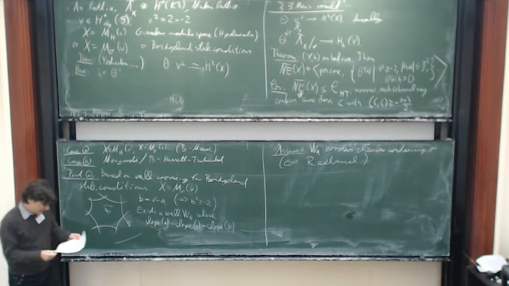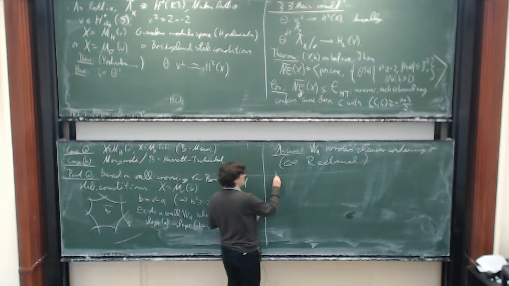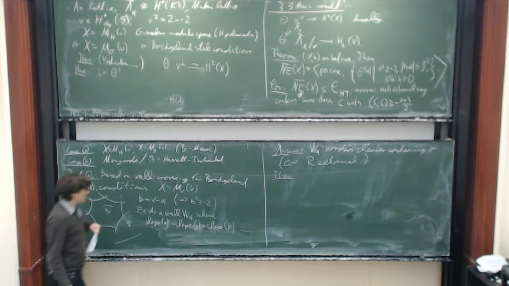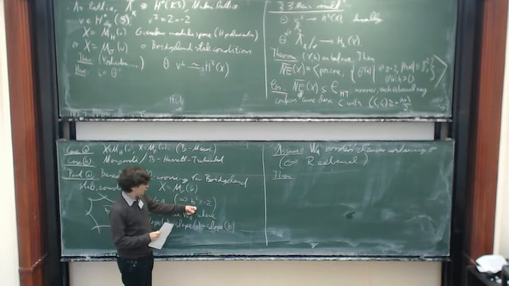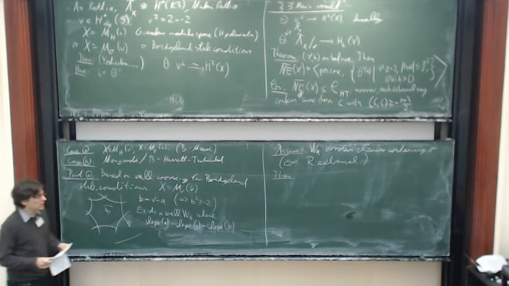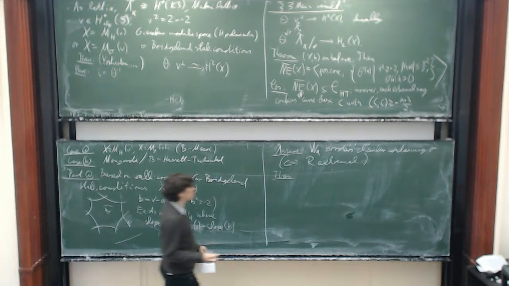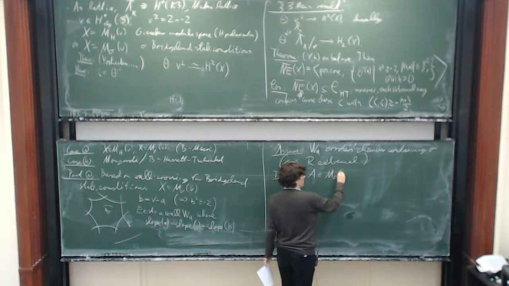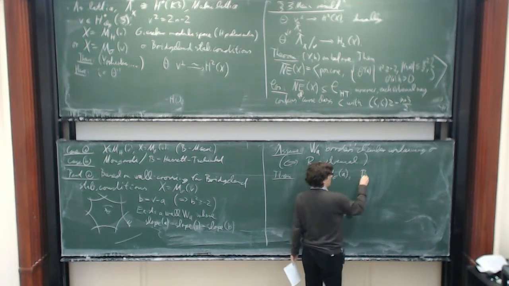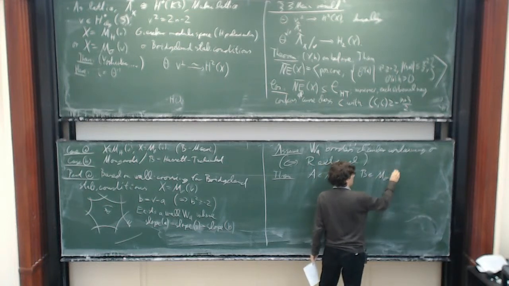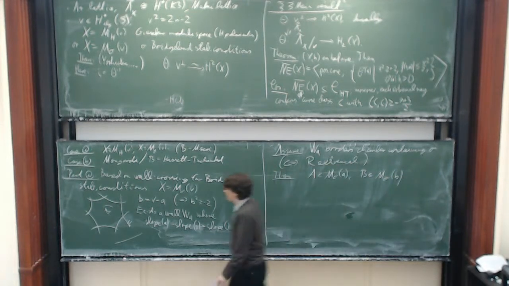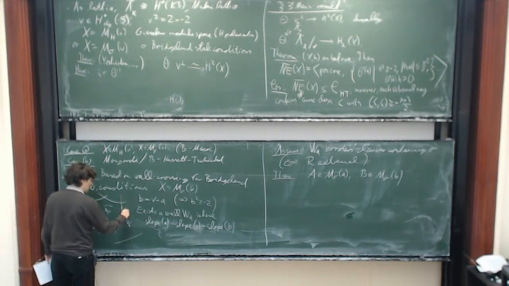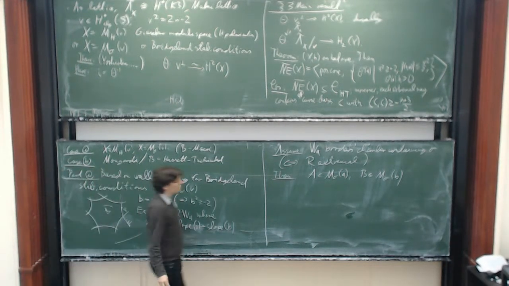And the picture is that these dimension conditions, A squared greater equal to minus 2 and B squared greater equal to minus 2, guarantee that the corresponding moduli spaces are non-empty. So I can pick objects in here, and let me also pick here a stability condition on the wall.